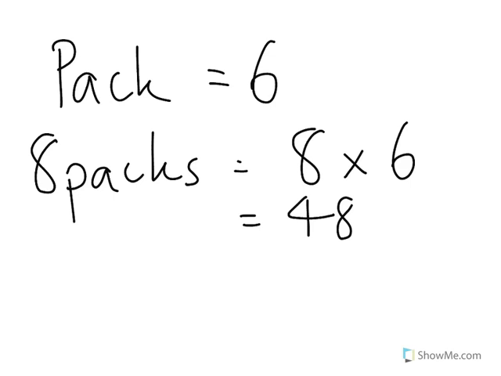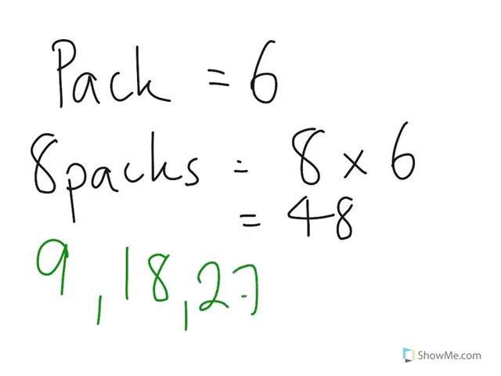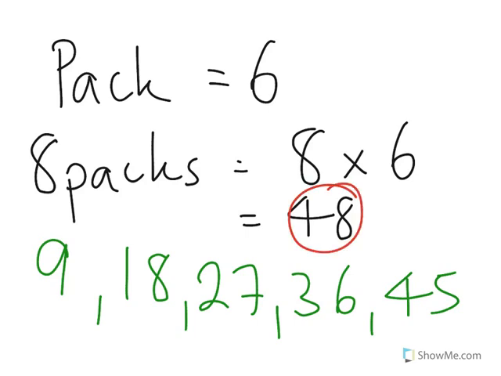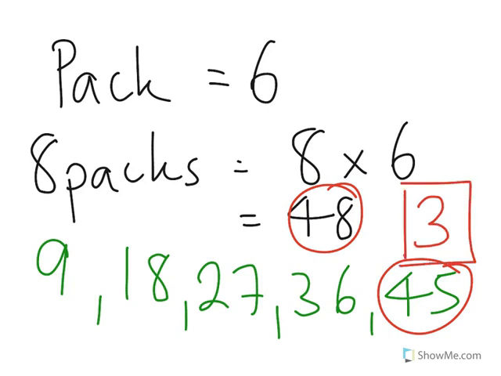So we're going to go through our 9 times tables. He's going to give 9 to the first friend. Once he gives another 9 away, he's given 18 away. Then he's given 27, 36, 45. He cannot give another 9 away. So how much has he got left over? Well, he's got 48. He's given 45 away. So he's got 3 left over.